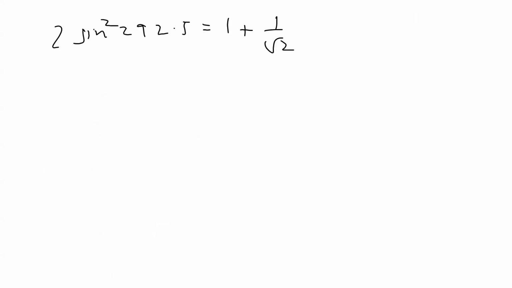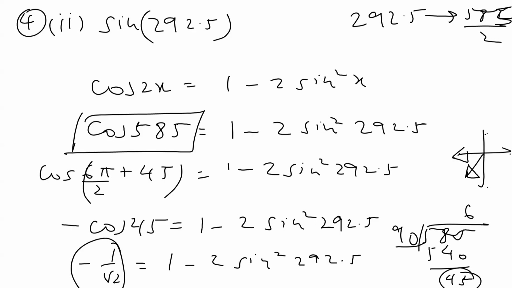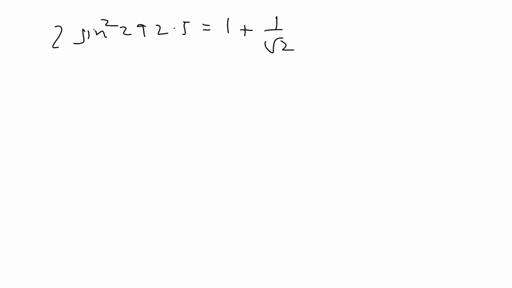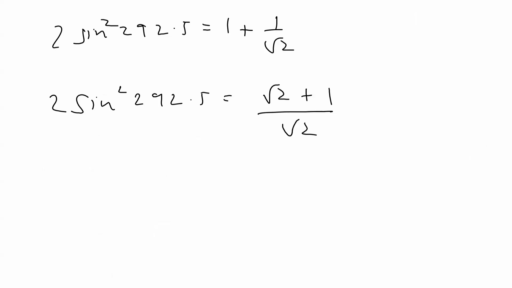So take that 1 by root 2 on the left hand side, and this term on the right hand side, and sine square term on the left hand side. Okay. So 2 sine square 292.5 is equal to root 2 plus 1 upon root 2. Okay.